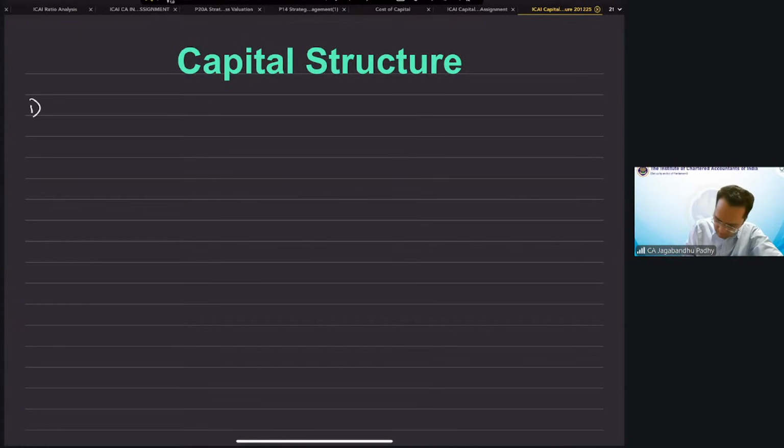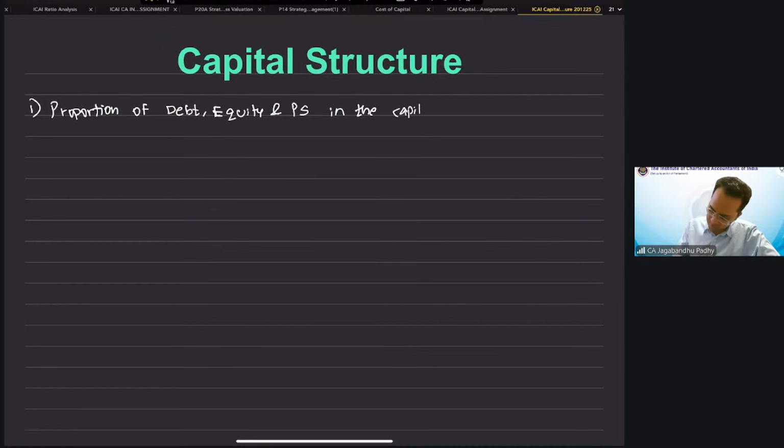Capital structure means we are talking of the proportion of debt, equity, and preference shares in the capital of a company.